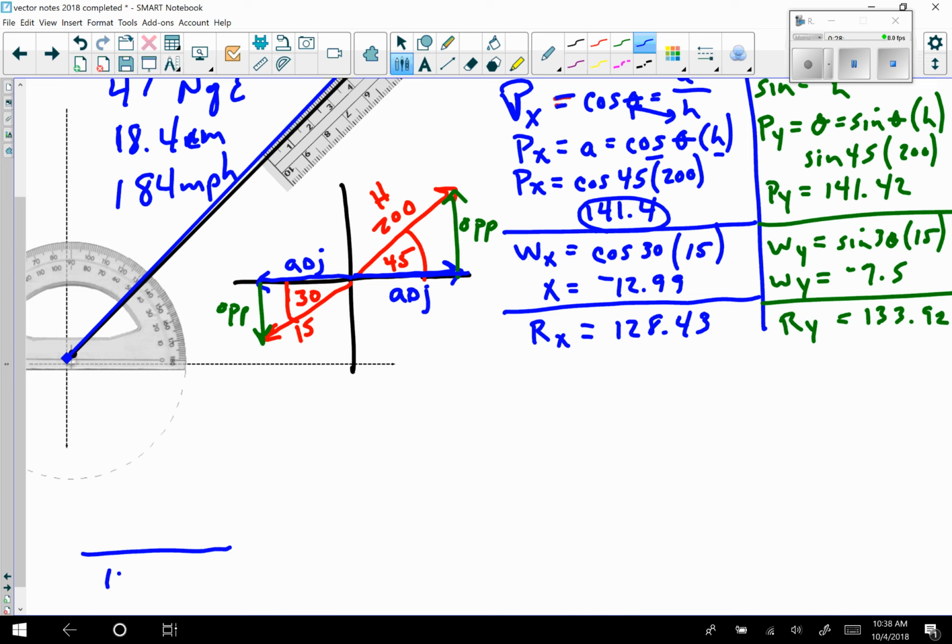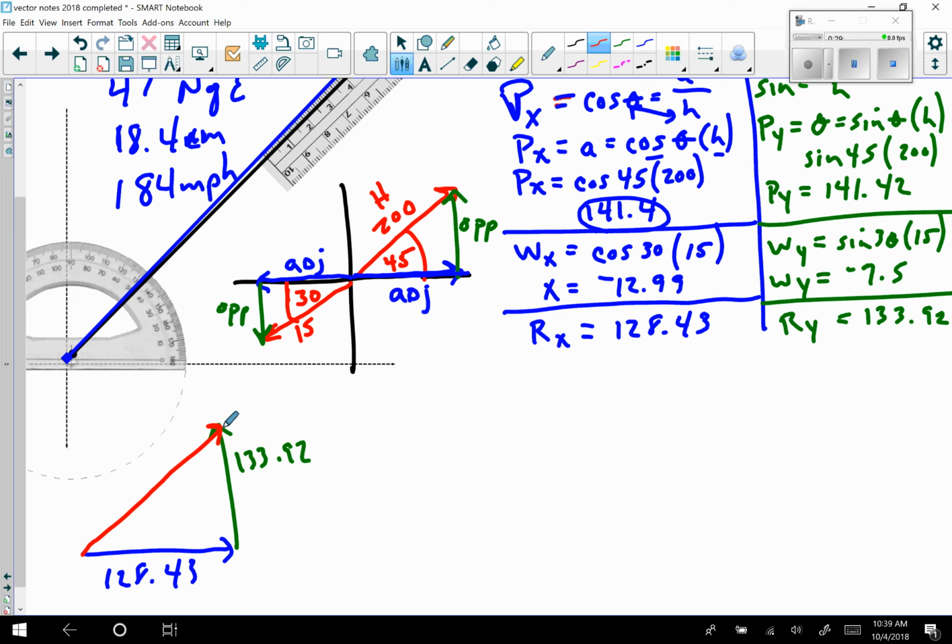I'm just going to put a 128.43 down here. I drew it going to the right because it's positive in the x direction. The resultant is also positive in the y direction. So I'm going to draw, adding it head to tail, a 133.92 going up. Well, that means the plane is actually going to end up going like this. It goes from the tail of the first to the head of the last, right?